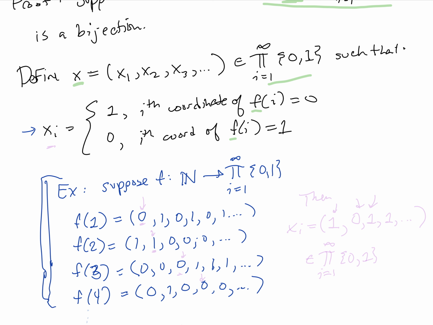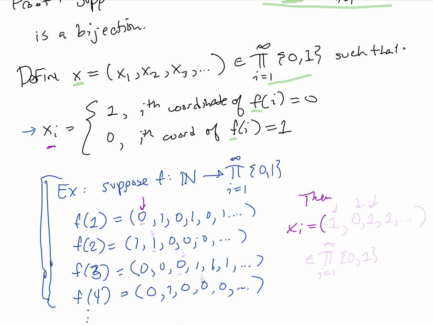So f is continuing, f is defined for all natural numbers, but we're just doing this to help us think about what this element x looks like. So what does x look like? The ith coordinate is defined by f(i).